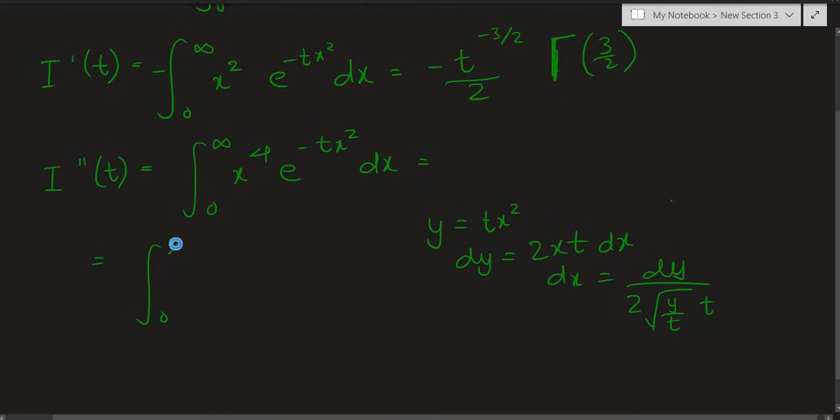Again, limits of integration are from 0 to infinity. X to the 4th is y over t, but the whole thing squared. This is e raised to negative y. Dx is dy. Well, the 2 is a constant, divided by square root of y, times this will just become square root of t, right?